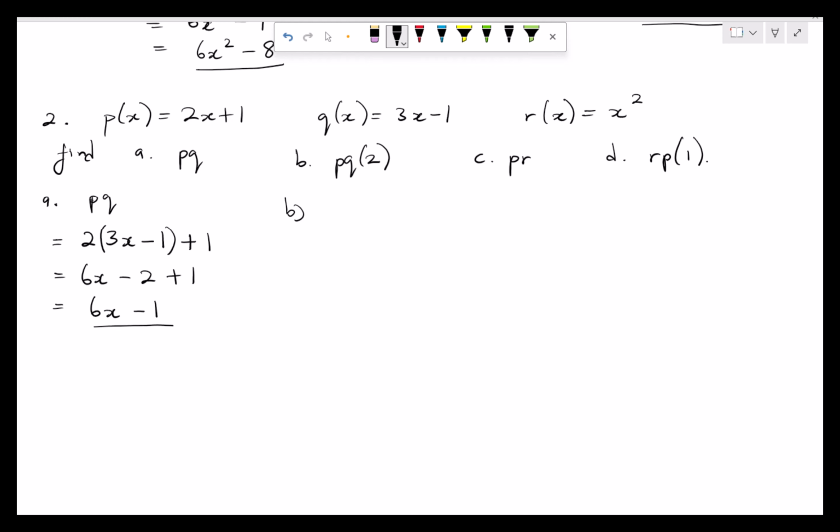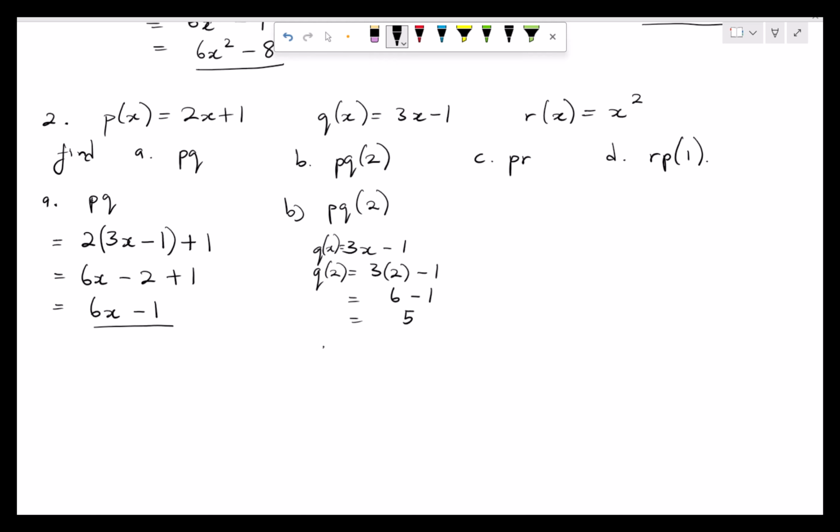Part B says PQ of 2. So we're going to start with Q first. For Q, Q of x is equal to 3x minus 1. Now we have Q of 2, so that gives us 3 times 2 minus 1, and that is 6 minus 1, which is equal to 5.